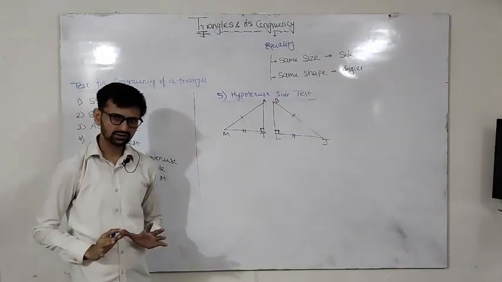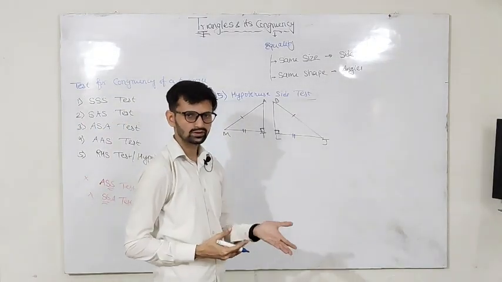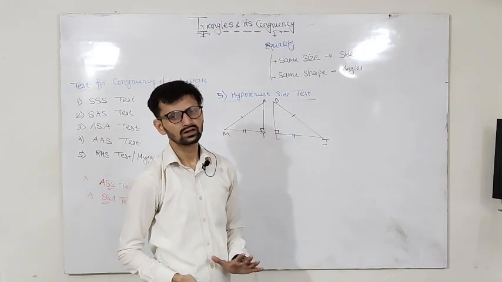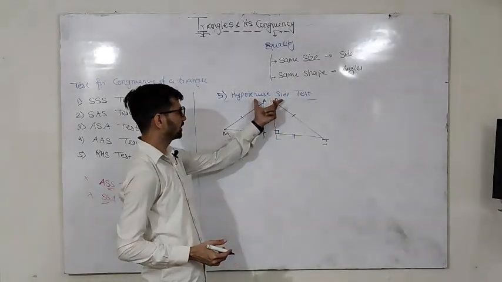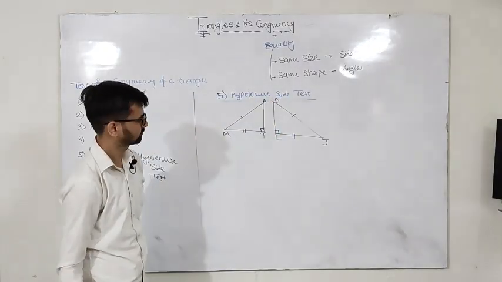If there are two right angle triangles and their hypotenuse is equal and one side is equal, then these two triangles are congruent by hypotenuse side test.